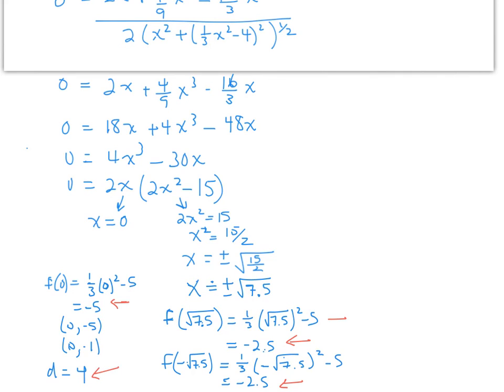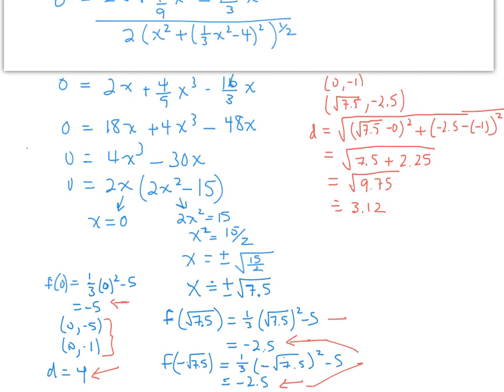Both of these points here are on the y-axis, and the difference between -5 and -1 is 4 units. You could use the distance formula on those, but I mean that's just common sense as well. Now, I'm also going to find the distance, since these two values really are the same here. They're both ending up being a y-coordinate of -2.5. We're going to calculate our distance formula using that.